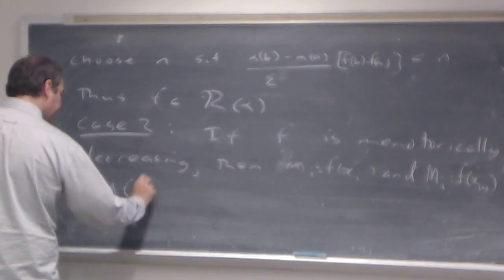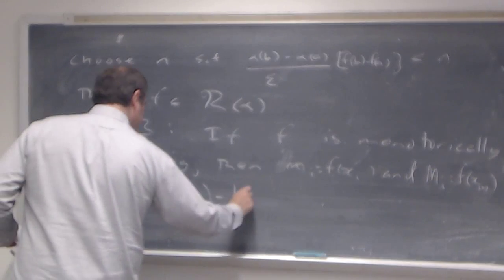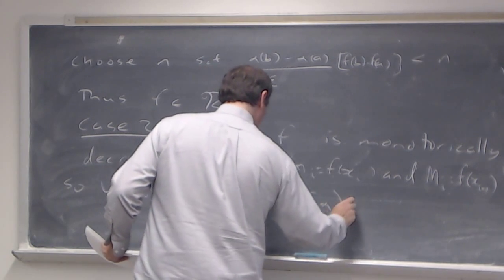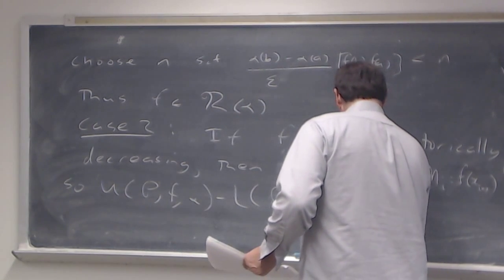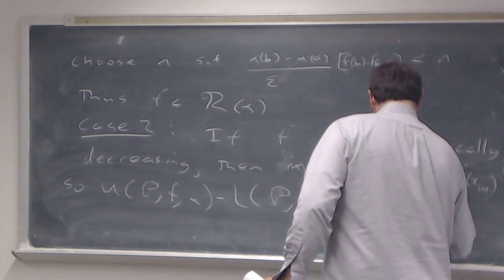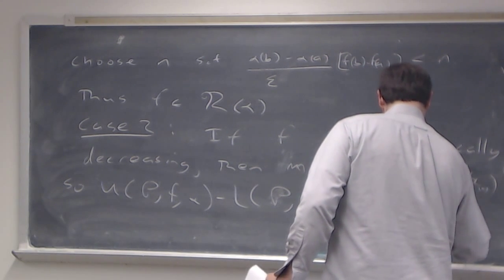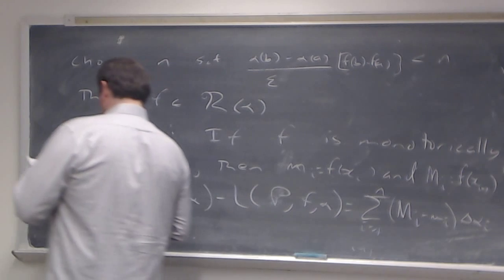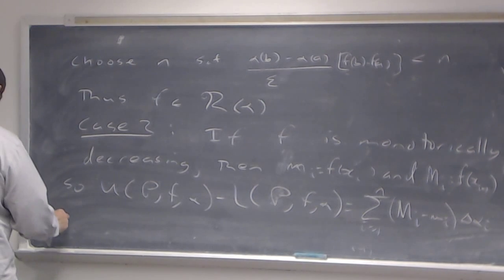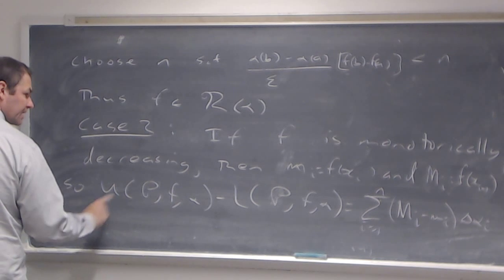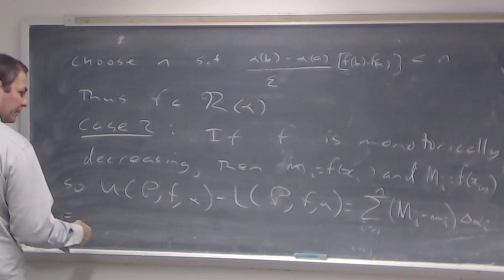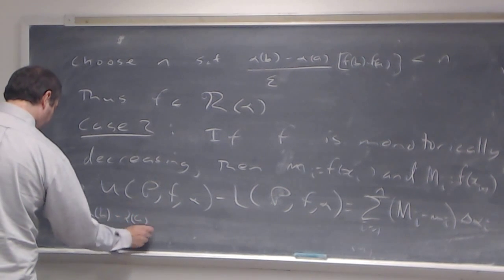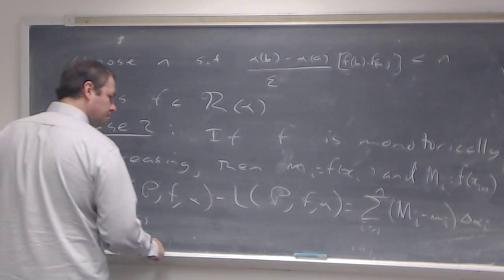So the upper sum minus the lower sum will be equal to the sum as I runs from 1 to n of the bigger value on the subintervals minus the smaller values on the subinterval, times delta alpha sub I, which would be equal to, if I skip a few steps, we know the delta alpha sub I is, because of the way the partition is chosen, alpha b minus alpha a over whatever n we've chosen.